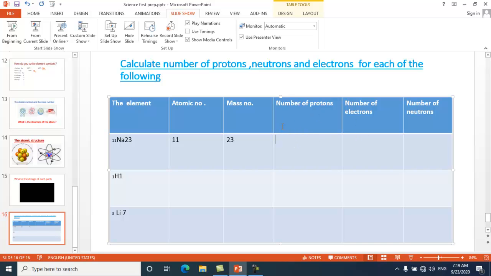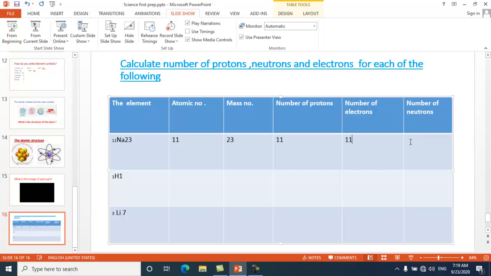So the number of protons equals what? I said that the number of protons is also the atomic number. So the number of protons also equals 11. And this atom is a stable atom. It means that the number of protons should be equal to the number of electrons, equal 11.